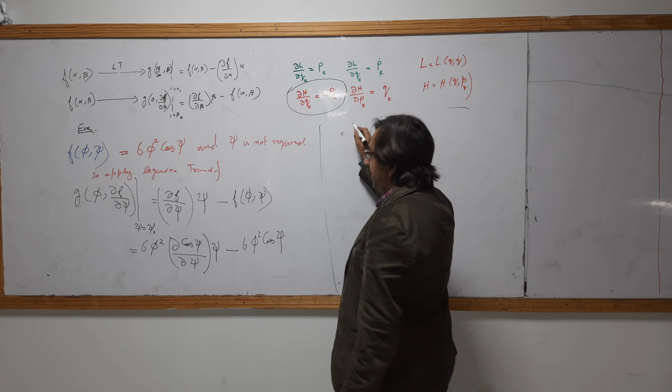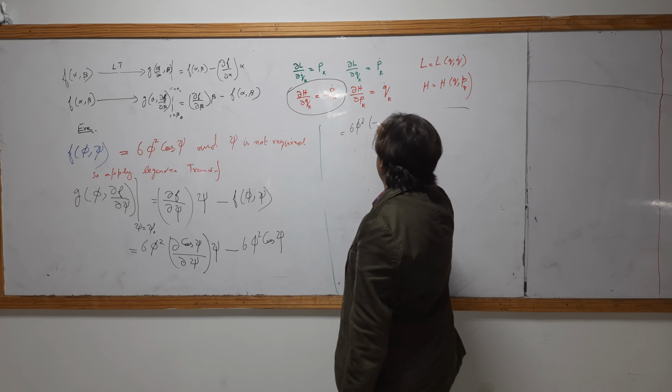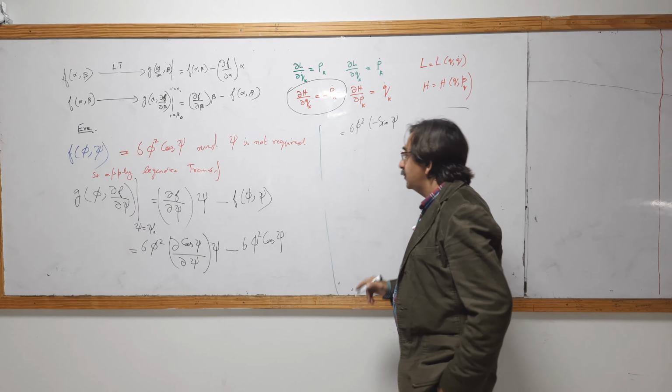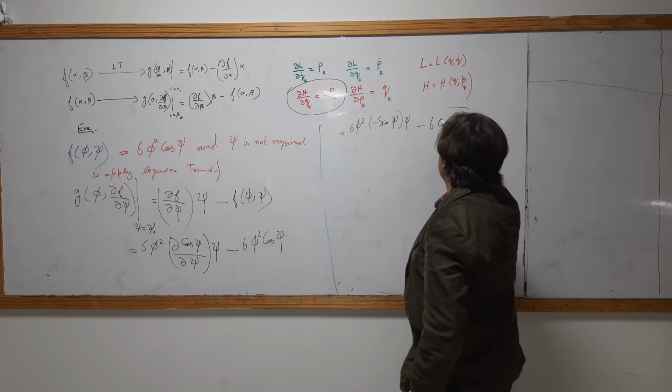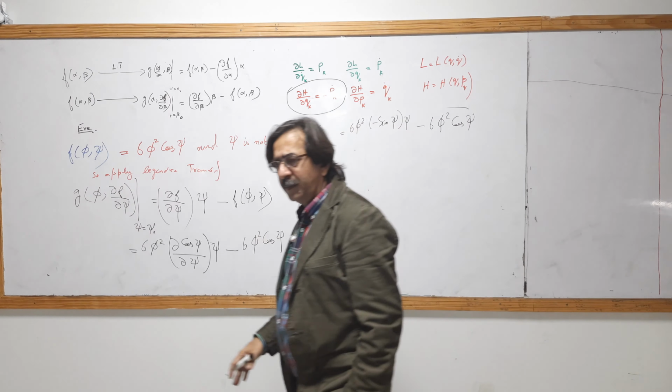So the answer will be 6 phi square cos phi, derivative of cos will be a minus phi, and derivative of phi is 1. Okay, so this will be this, and this will be -6 phi square cos phi. So this is the way there may be a difference.